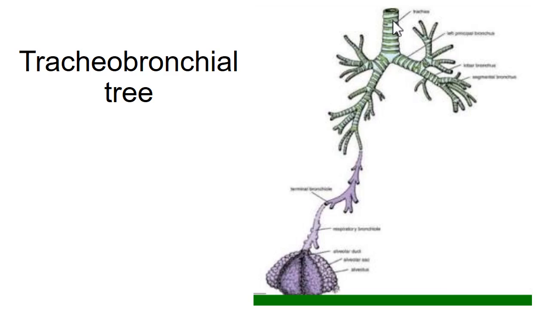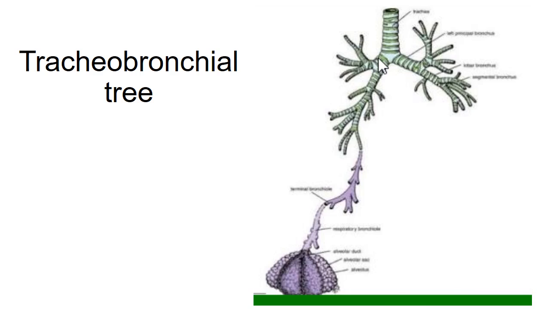If we say this is the midline or median plane of the trachea, you can see the right bronchus is making an angle of 25 degrees with this bifurcation, while the left bronchus is making an angle of 45 degrees with the bifurcation of the trachea.